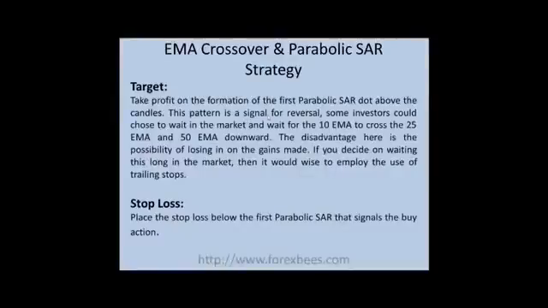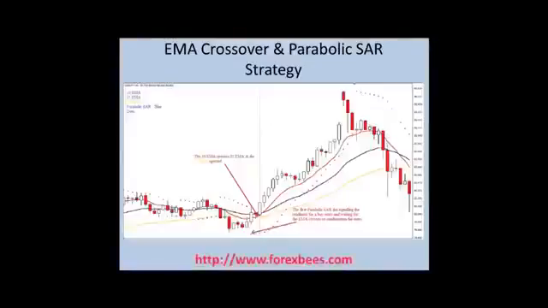Some investors could choose to wait in the market, wait for the 10 EMA to cross the 25 EMA and the 50 EMA downward. But the problem here is that some of the profits you have until this point, you may lose. You might be in profit finally, but you may not get that many profits, because if you wait until the 10 EMA crosses the 50 EMA, you will get only this much profit.